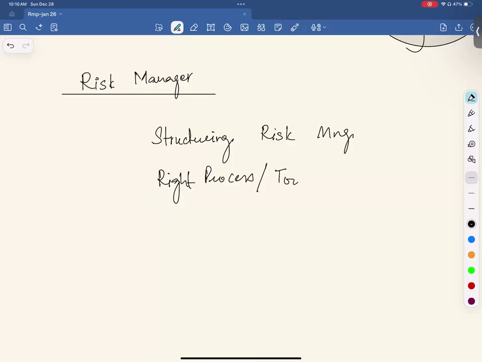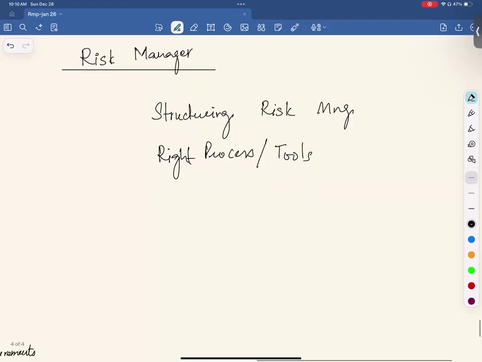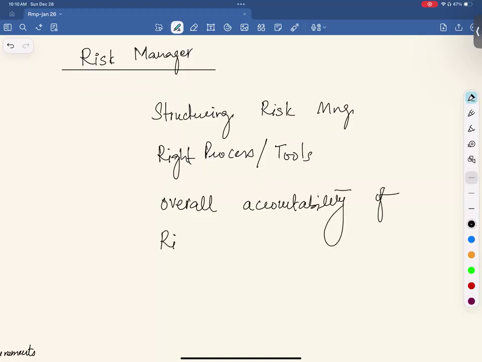Right tools are being used, right? And the risk manager is responsible for the entire risk management effort. Whatever is happening regarding risk in your project, it's the responsibility of the risk manager. Overall accountability of the risk management process.